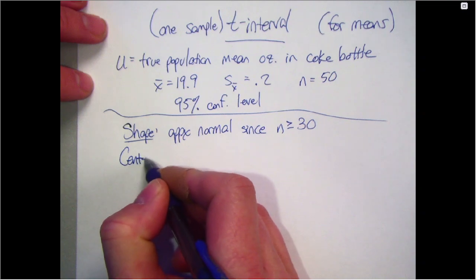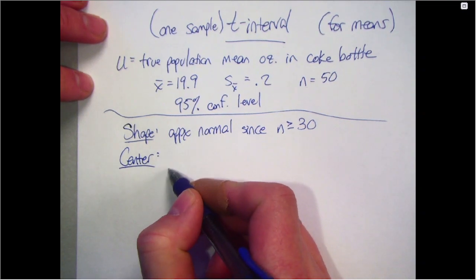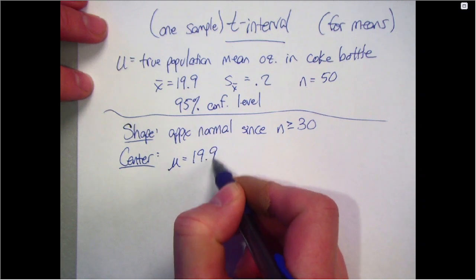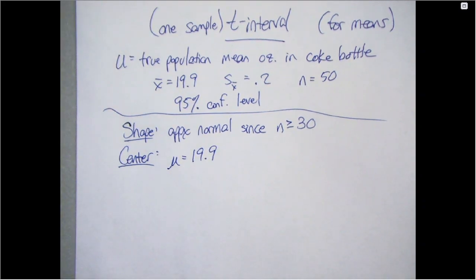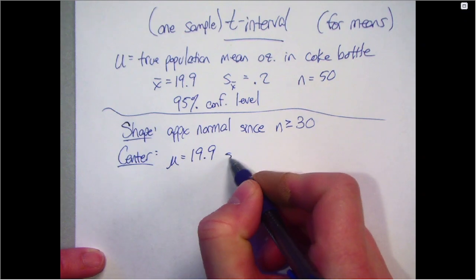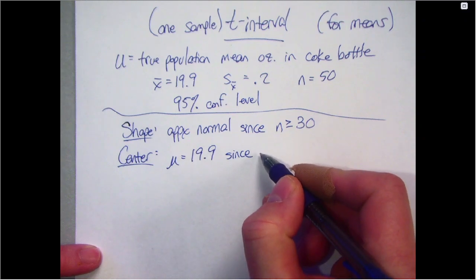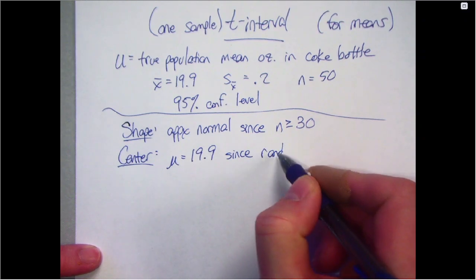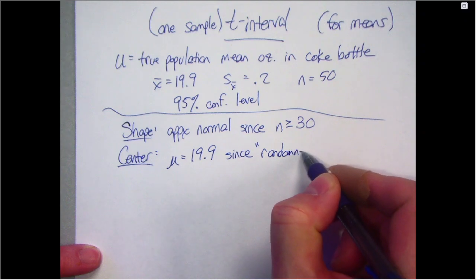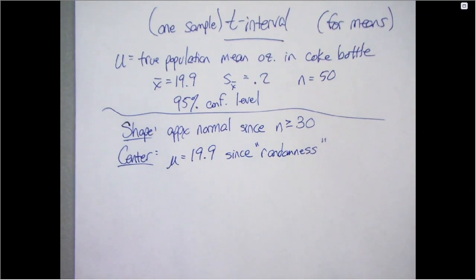For our center, all we really have to go off of is 19.9. There's no population information, we just have our sample. Why is it 19.9? Because I totally did this randomly, right? Put in quotes: randomness.